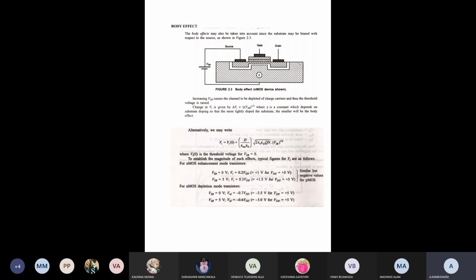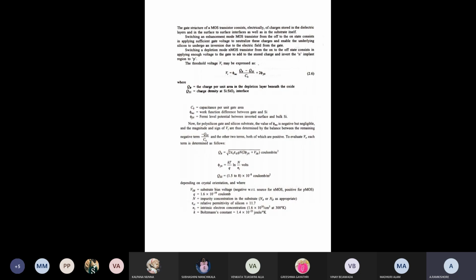For example, we consider two N type devices, but the threshold voltage will vary from one device to another. This variation of threshold voltage is called the body effect of the MOS device. So that is what is meant by body effect of a MOS device.